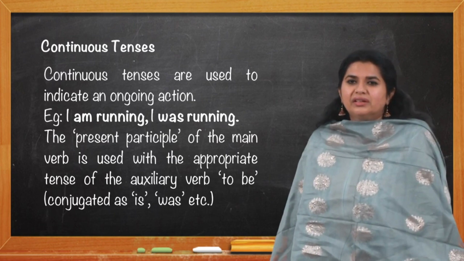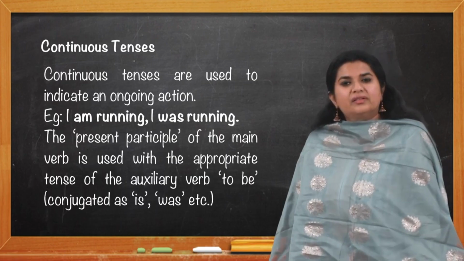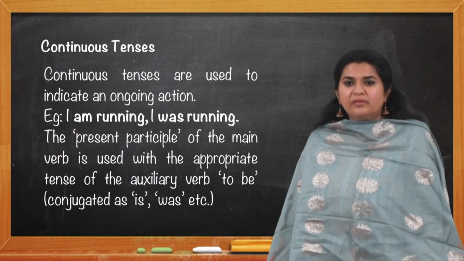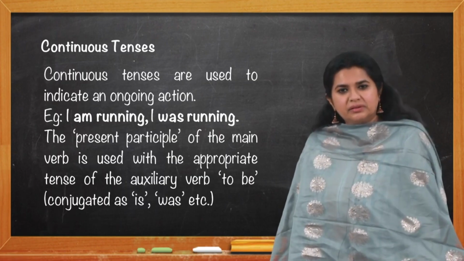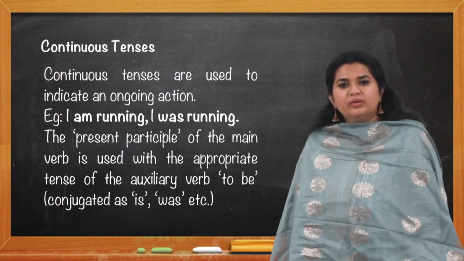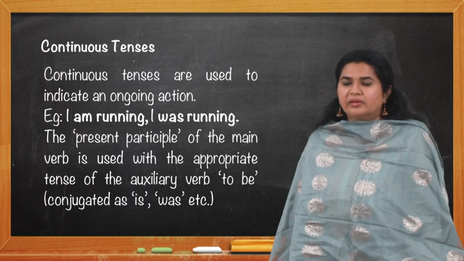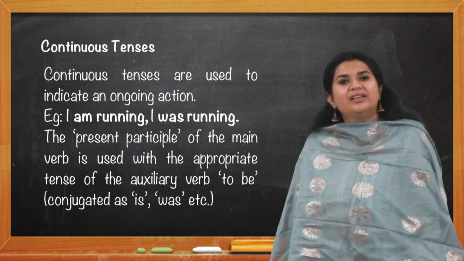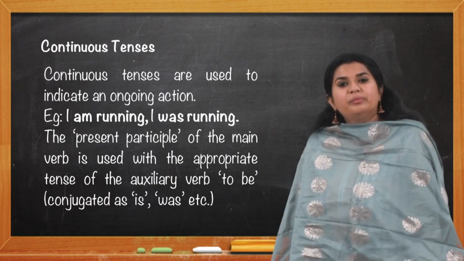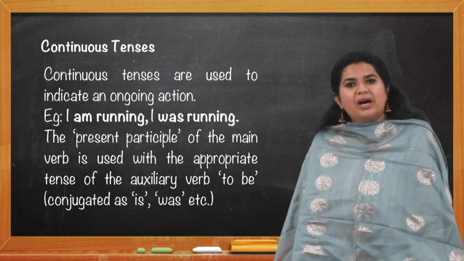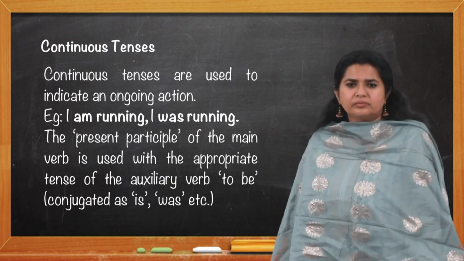I was running, I was talking. So, the present participle of the main verb in the continuous tense is used with the appropriate tense of the auxiliary verb to be. We have already seen in one of our earlier classes, the forms of be: is, am, are, were, etc.